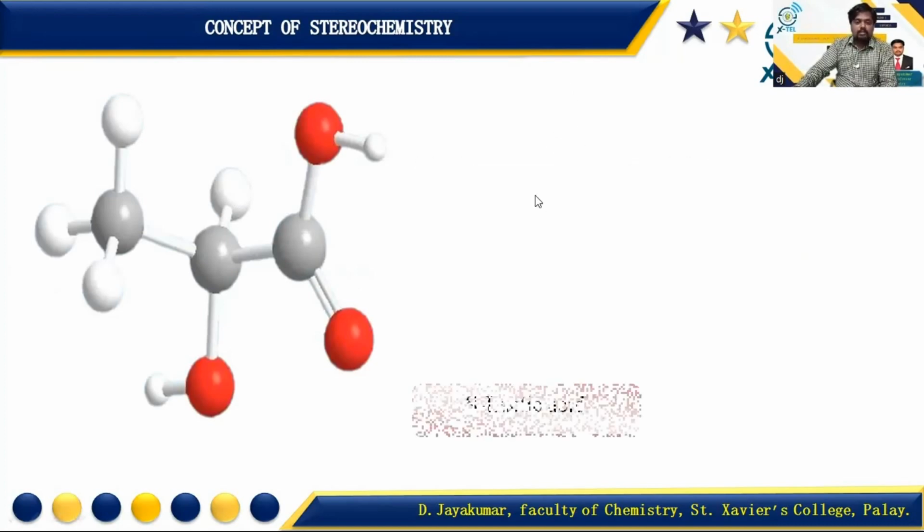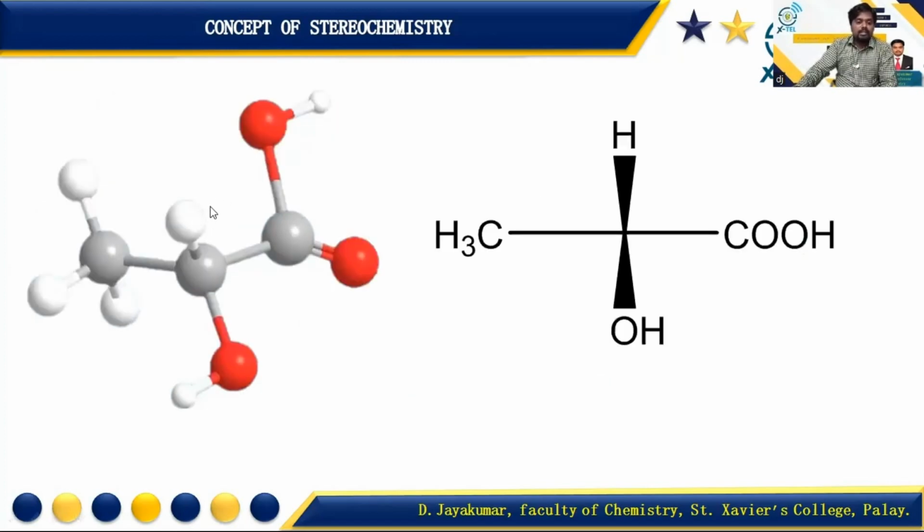But in this case, this hydrogen is vertically up, meaning it is pointing towards me. Therefore, 1, 2, 3, S has to be reversed. So it must be R, right? 1, 2, 3. So S becomes R for the reason that the hydrogen is not vertically down. So it is R. Am I clear?